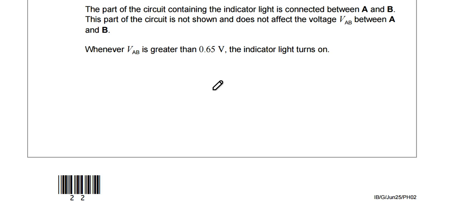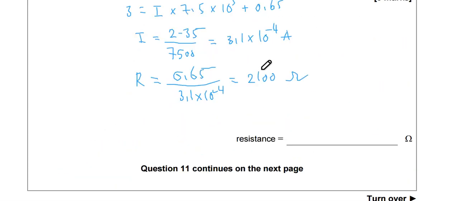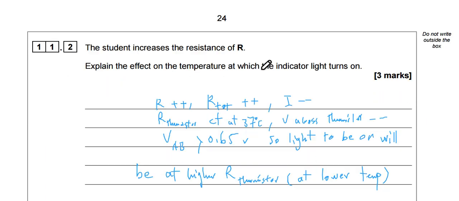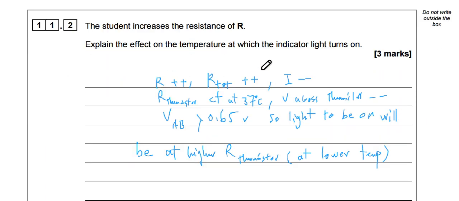Oh yes, when VAB is greater than 0.65, the indicator light turns on. So VAB will certainly be greater than 0.65, so the light will turn on.